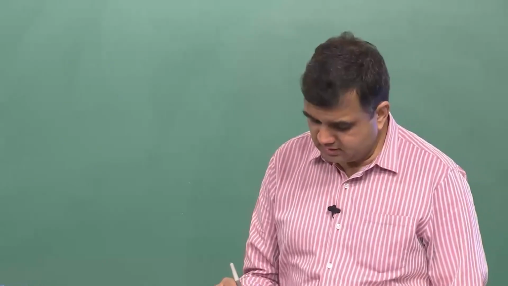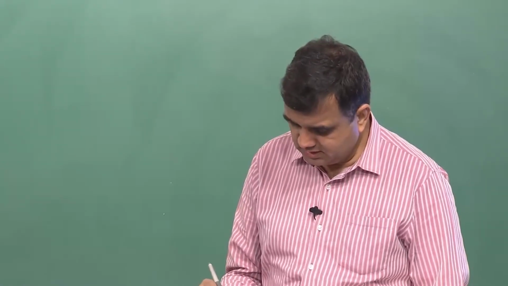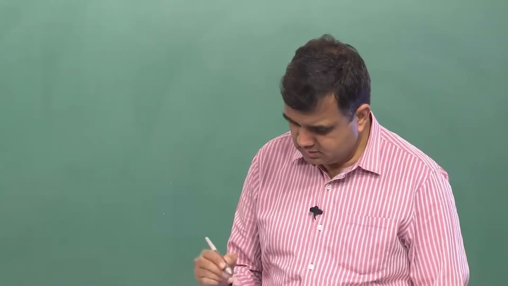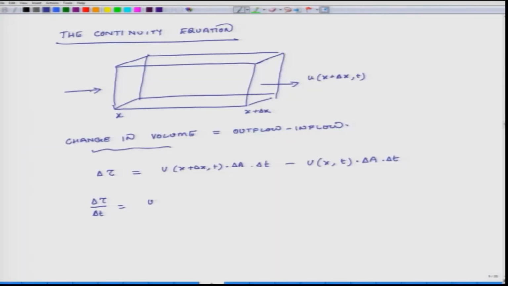So, I can write this as delta tau over delta t equals u(x plus delta x, t) minus u(x, t) times delta A, and I can multiply and divide by delta x.